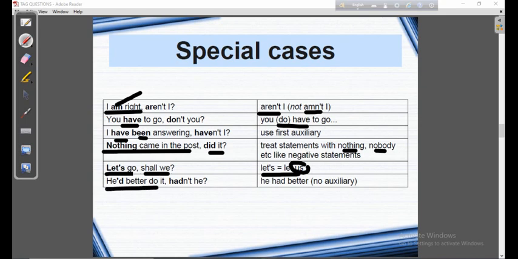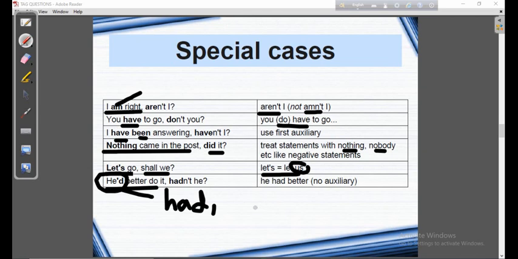Here, dear students, look, the short form 'd may be had or would. Look, dear students, but here in this sentence, it is not. What is it?